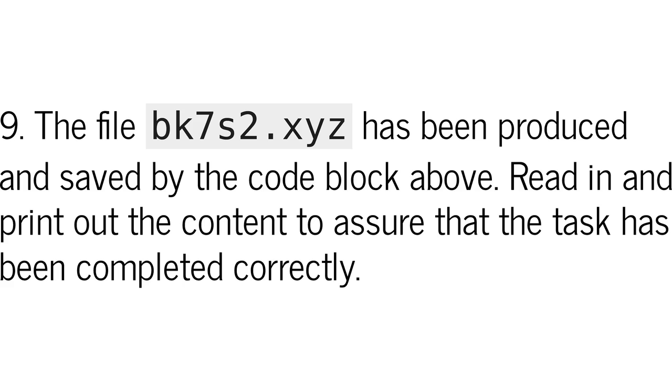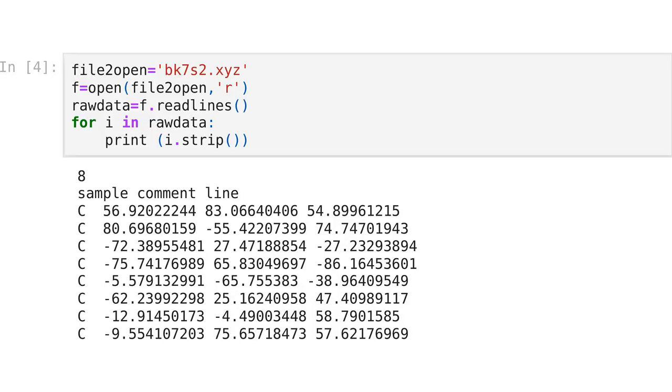This verification step is crucial in data massaging to confirm that the script behaved as expected and that the resulting file is well-formed and ready for its intended use, such as visualization with VMD or further processing.